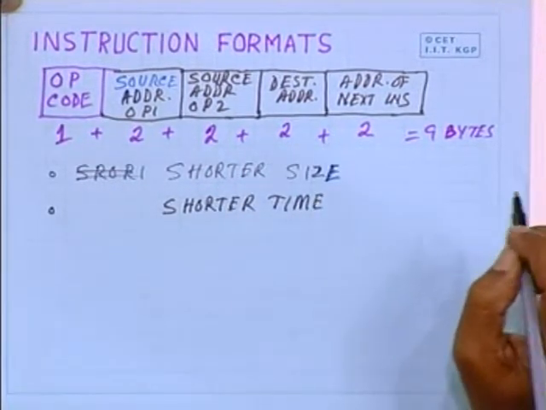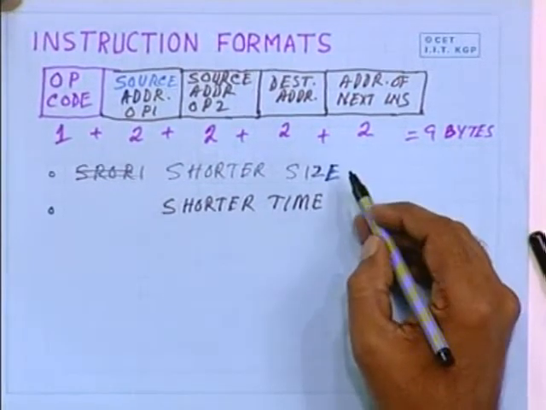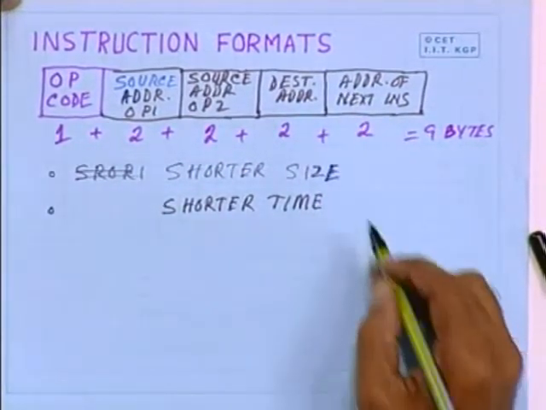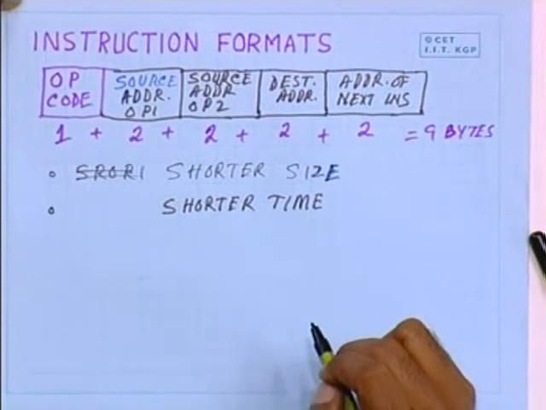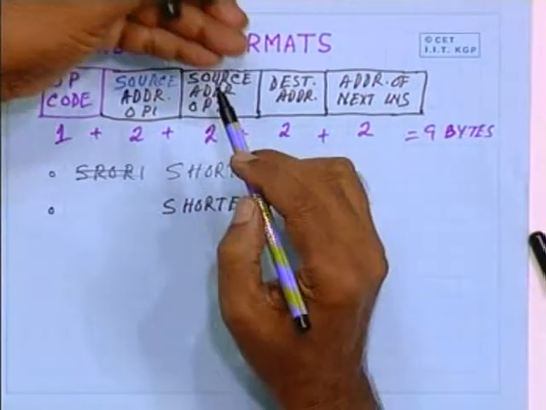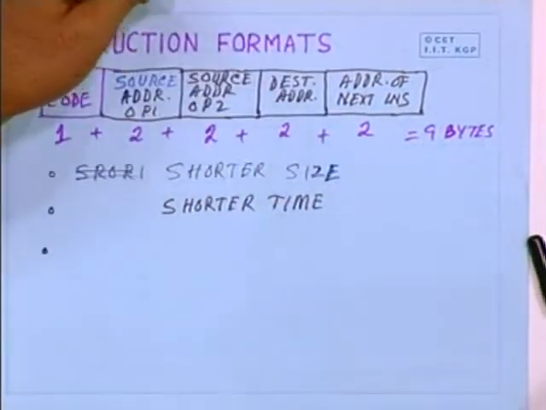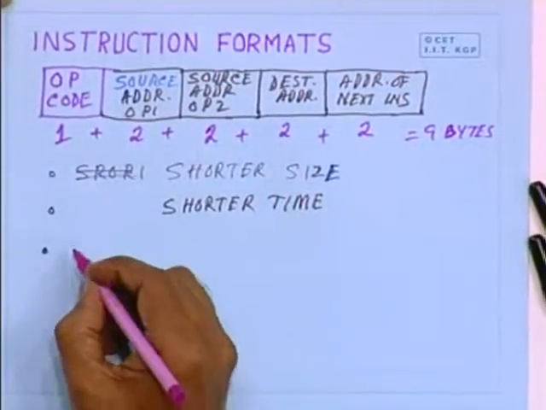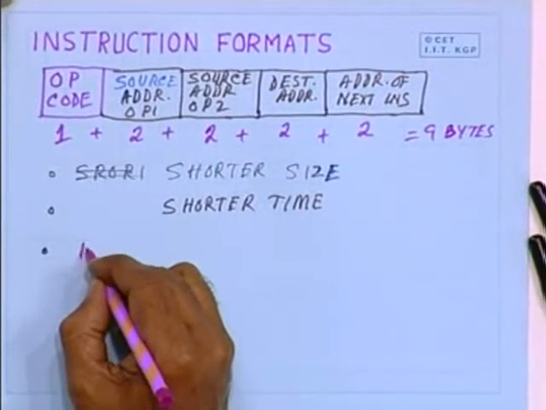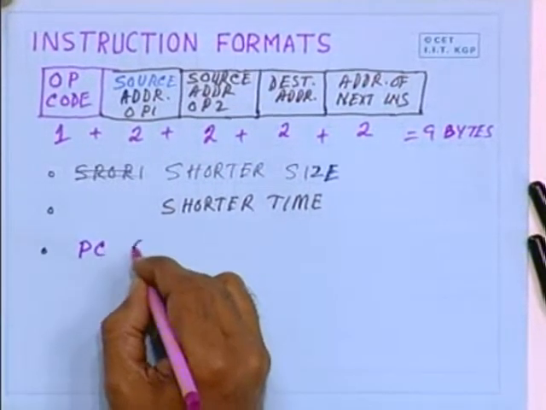These are the two basic objectives of a suitable instruction format. How can it be achieved? For that purpose, several techniques are followed. Number one is to use a special register known as the program counter.